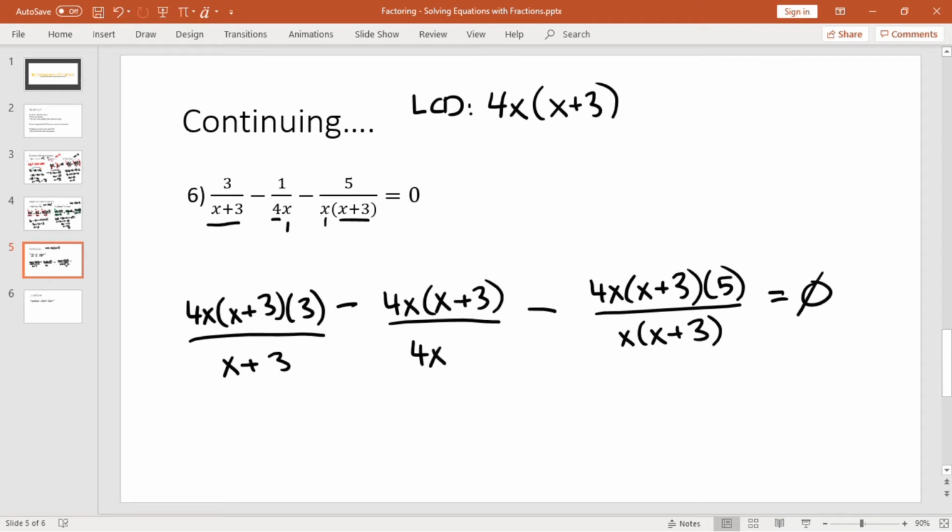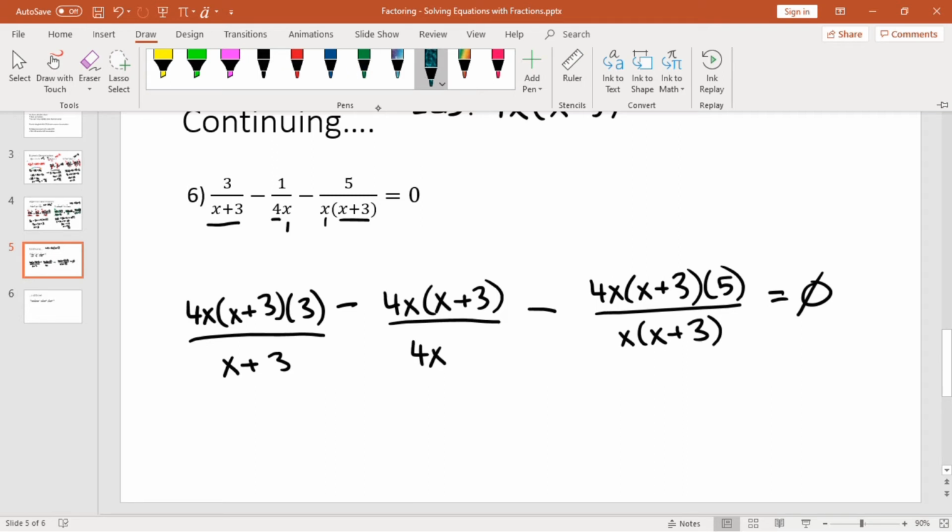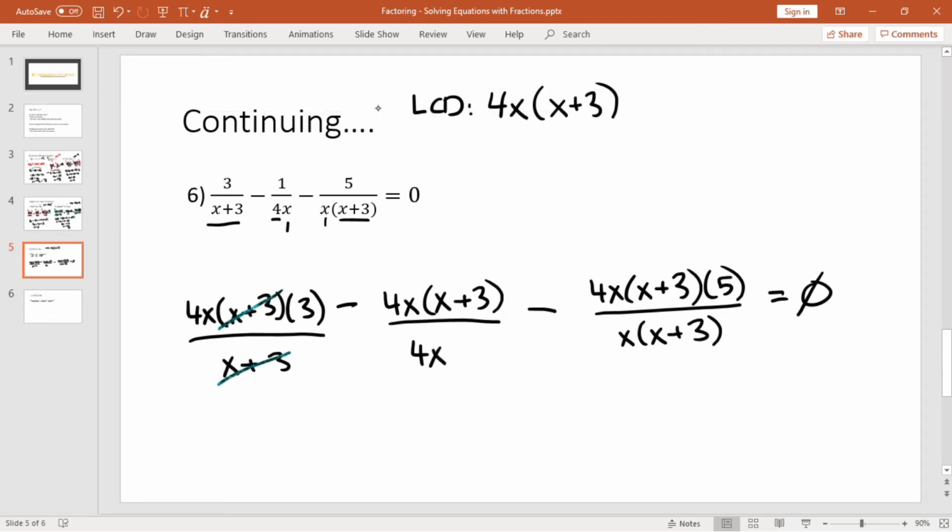And that equals 0. Okay, x and x cancel, 4x and 4x cancel, x plus 3, x plus 3.